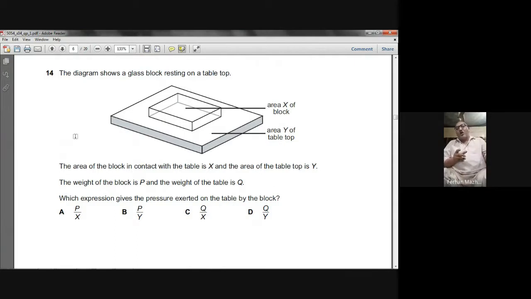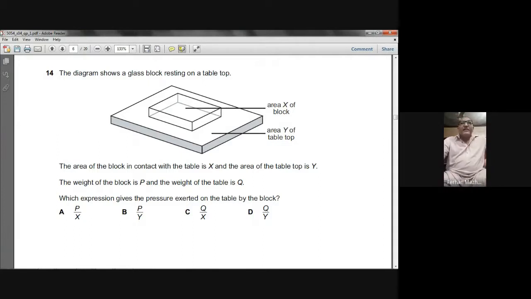That should be the weight of the block divided by the area of the block in contact with the table. The weight of the block is P, and the contact area is X. So pressure is weight divided by contact area.